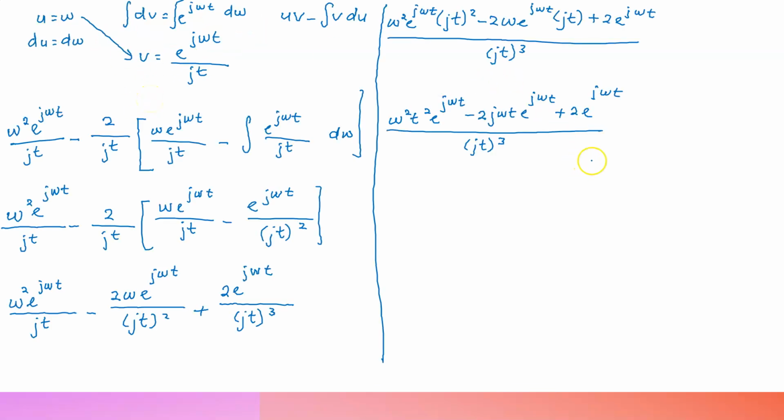We have x of t equals 1 over 2 pi, this one from the beginning, integral from minus omega naught to omega naught of omega square e^(j omega t) d omega. Now we have to substitute the whole integration with this one.